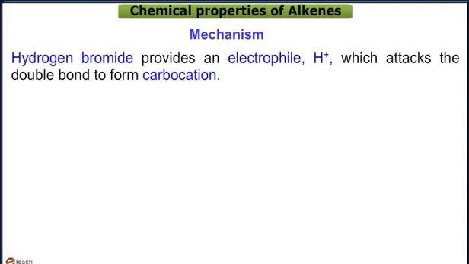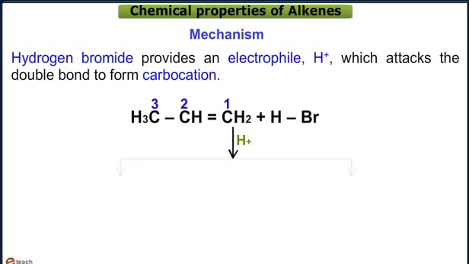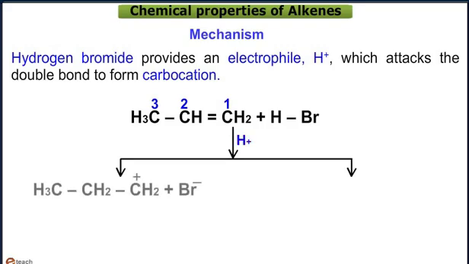Hydrogen bromide provides an electrophile, that is H+, which attacks the double bond to form carbocation. Consider the reaction CH3-CH=CH2 plus HBr. On attack of electrophile it gives CH3-CH2-CH2+ plus Br-, and also CH3-CH+-CH3 plus Br-.